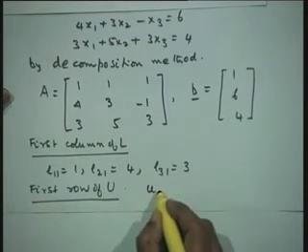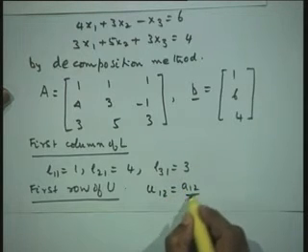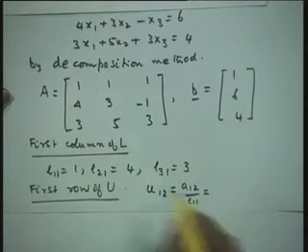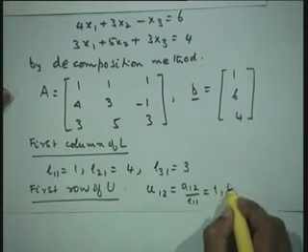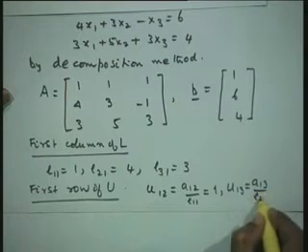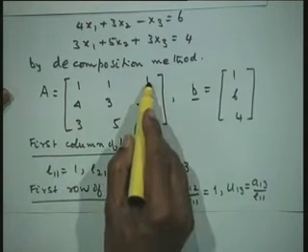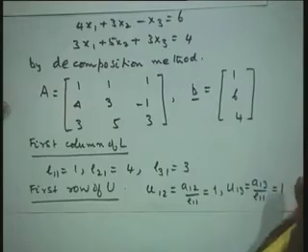Therefore, U12 is equal to A12 by L11. A12 is 1, L11 is 1, therefore its ratio is 1. U13 is A13 divided by the pivot, A13 is 1, again pivot is 1. So, I will have this as 1.